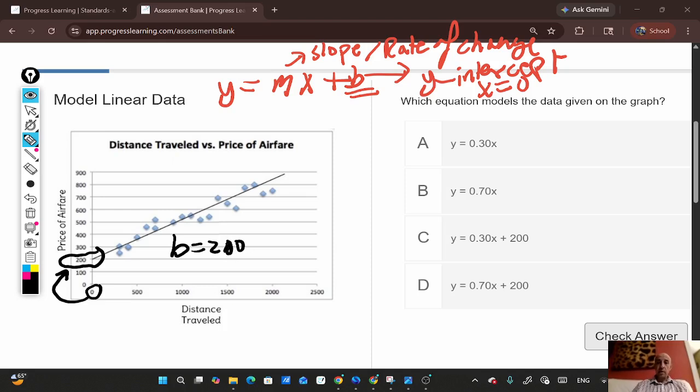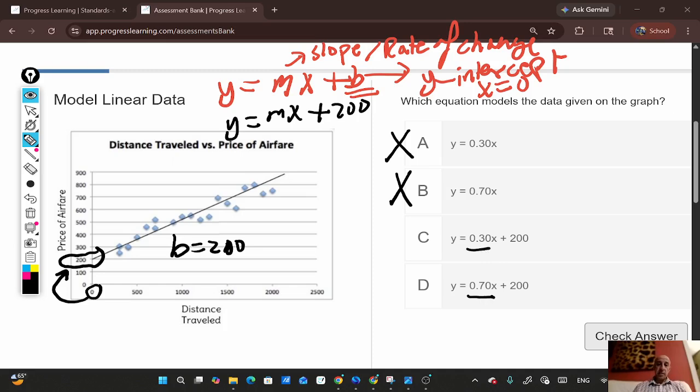Based on that, immediately we can cancel option A and option B, because we have y equal mx plus 200. The question is which one is the right answer, the 0.3 or the 0.7.